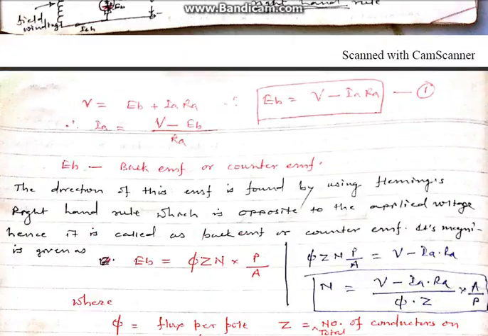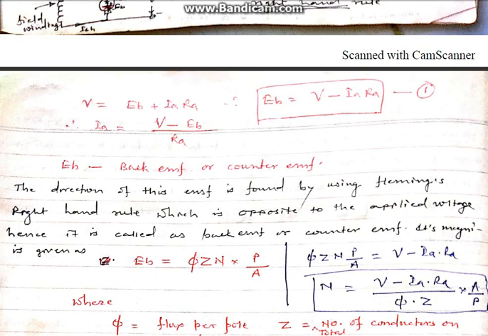So this is the electrical equation of DC motor, wherein the supply voltage is equal to EB plus IA RA, where EB is the back EMF, IA is the armature current, and RA is the armature resistance.